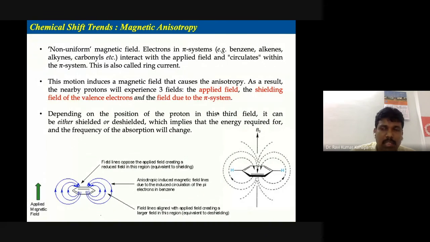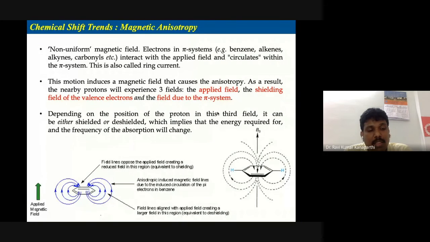Something else is happening, because of the chemical local environment and the shielding constant we have seen. But apart from that, there is something else happening. The protons located in different regions of the molecule are experiencing different magnetic fields.